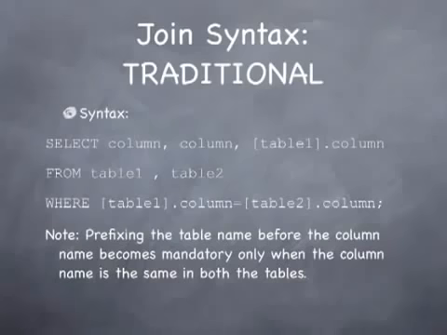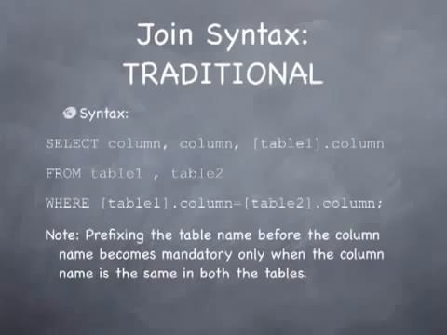On this slide, we have the syntax that is used when writing join statements. In a join statement, you would list multiple table names in the from clause. I'm going to read the syntax so that you have an idea as to what I'm actually going to be speaking about.